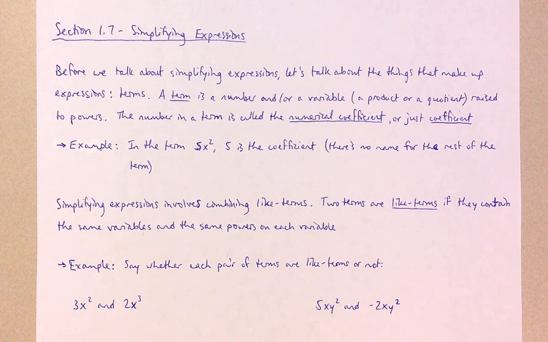You could have one variable, you could have two, or even more, and if the same variables have the same powers, then those terms are like terms. Key thing here, the coefficients, the numbers in front, do not have to be the same. But as long as the variables are the same and the powers on each of the variables are the same, then you have like terms, and those things can be combined.